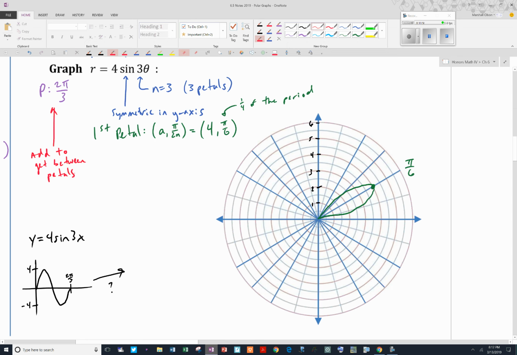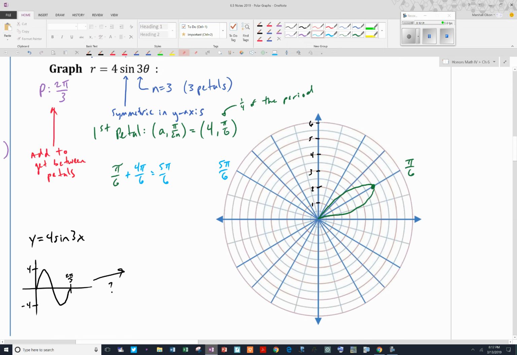Okay, so from that pi over 6, I want to add the period 2 pi over 3 in order to get to the next petal tip. So if I added 2 pi over 3 to that, I'm going to get a common denominator right there. There's 2 pi over 3 with a denominator of 6. That would give me my new petal tip, which is at 5 pi over 6. So 5 pi over 6 is right here.